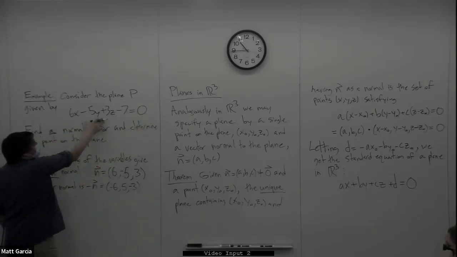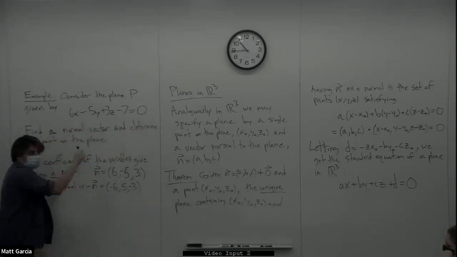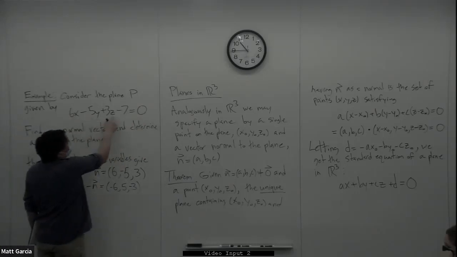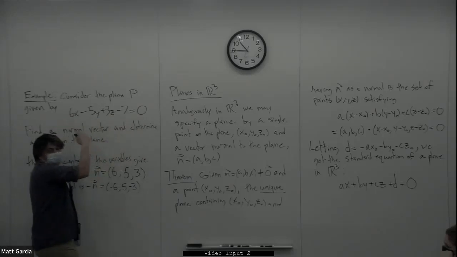That's just changing the magnitude of my normal vector that I get from the coefficients. The vector still points in the same direction. And all the same points, x, y, and z, will still satisfy this, even if I multiply it by a constant, right?